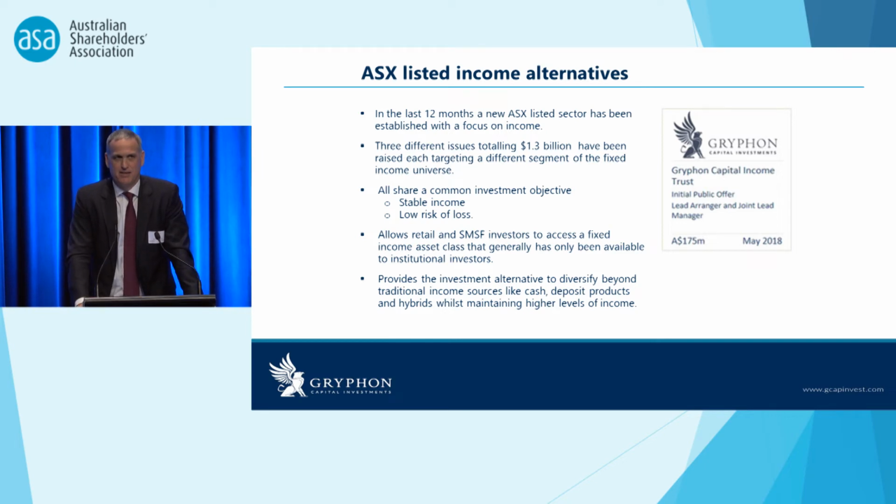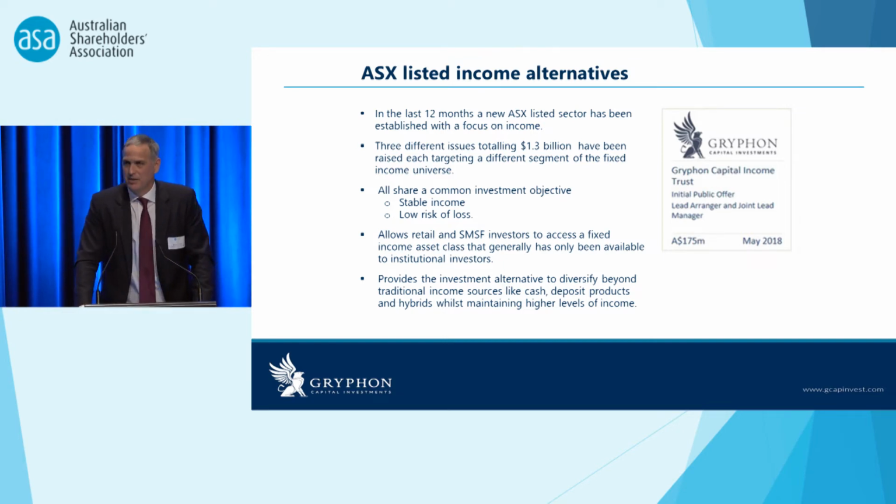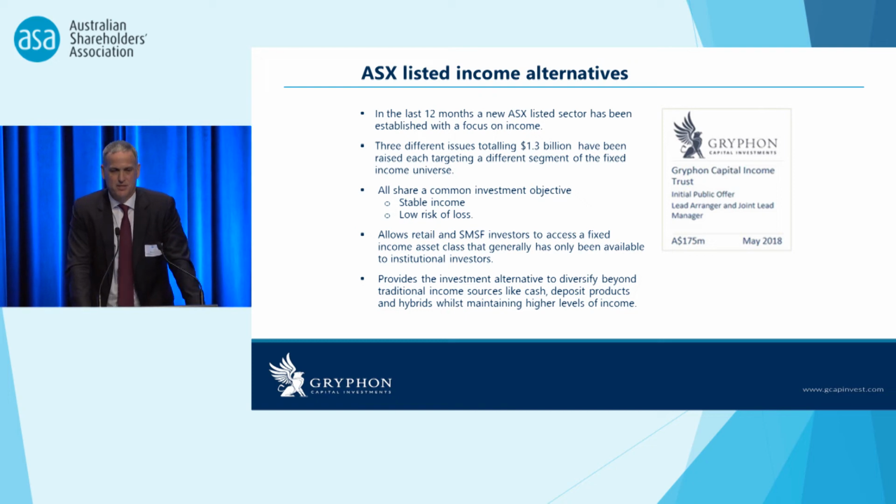To date, there have been 3 of these listed income trusts listed on the Australian Stock Exchange. Each of these listed trusts come from a different subsector of the fixed income market.